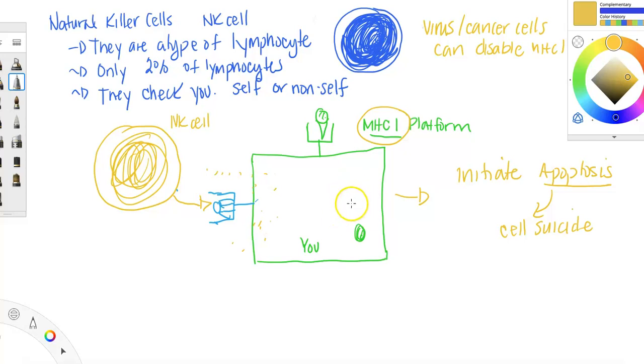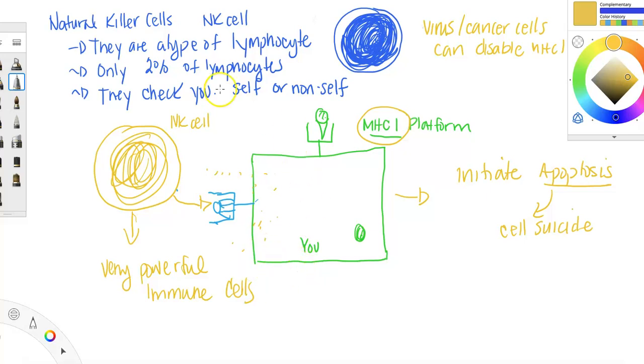So the natural killer cells are great because they can come in and they can get rid of cancer cells. They're very, very powerful. So very powerful cells, very powerful immune cells. And some scientists are looking at natural killer cells as far as ways to find answers to cancer, because they do kill cancer cells.